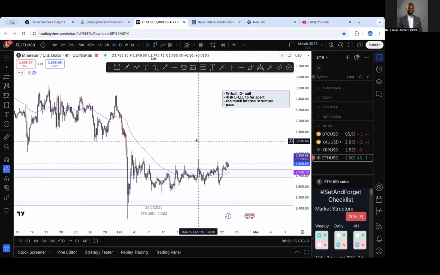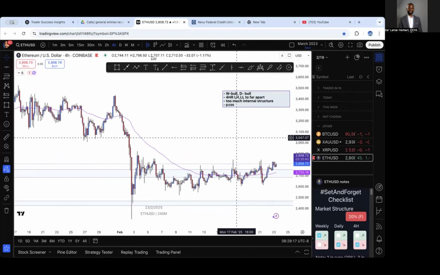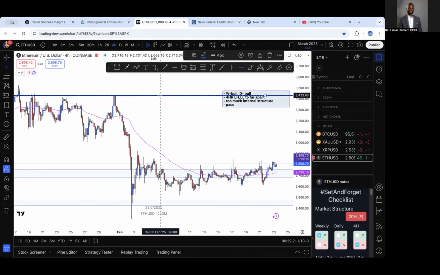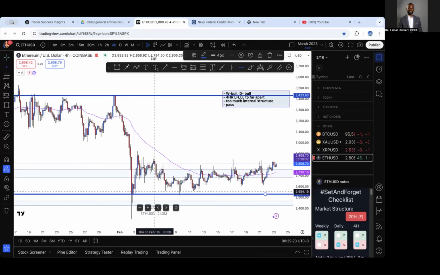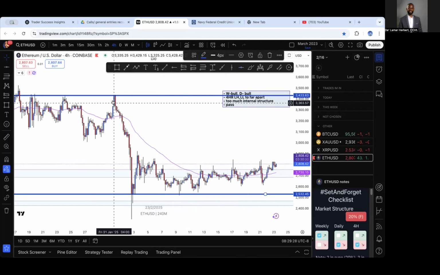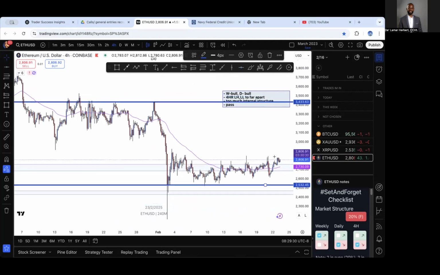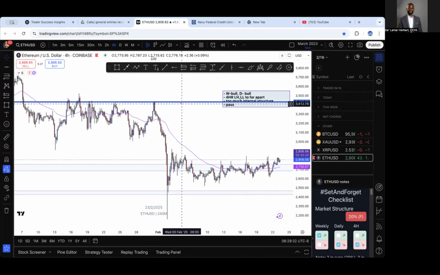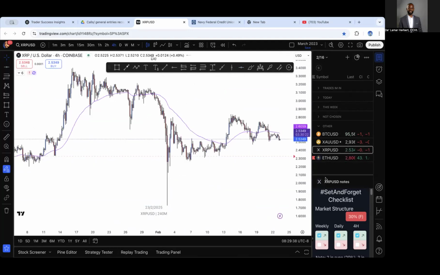Now on this 4 hour, I do see that this higher low, this lower high and this lower low are just really far apart. It looks like a lot of internal structure here, so I would not like to trade into this structure right now with Ethereum, so it's just a pass.